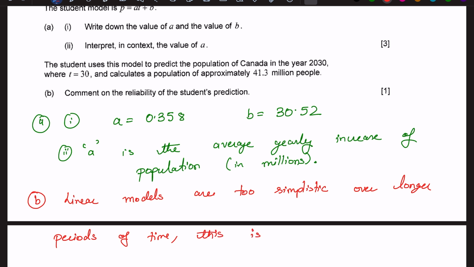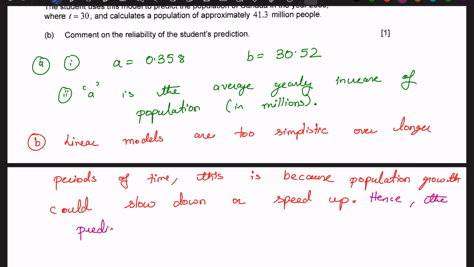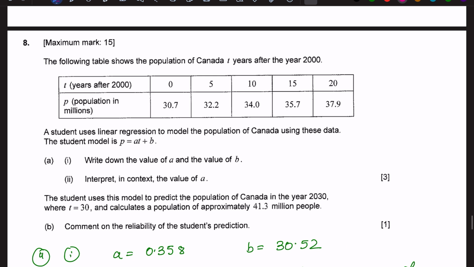This is because population growth can either speed up or slow down in the meantime. Hence, the prediction is not reliable. That's all about parts A and B.